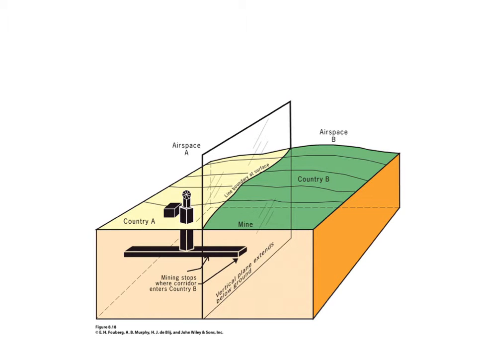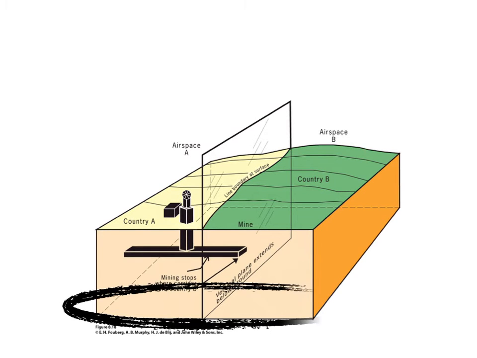Okay, so here's country A and country B, and we remember with boundaries that the boundary is not just on the land, but this diagram shows us that the boundary actually extends upward into the airspace and downward underneath the ground. So that includes different types of resources that may be located underground. For example, if two different states share an underground resource, for example oil, then there may be a boundary dispute over who's able to access that oil.